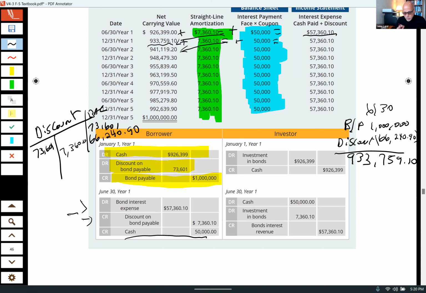Okay, now I don't want you to sit there and do that every single time you have a problem to figure that out. You just know, and you'll see questions where they're going to ask you the straight line amortization. You'll have to calculate that, but then they're going to either ask you what's the interest expense or what is the new carrying value of the bond?